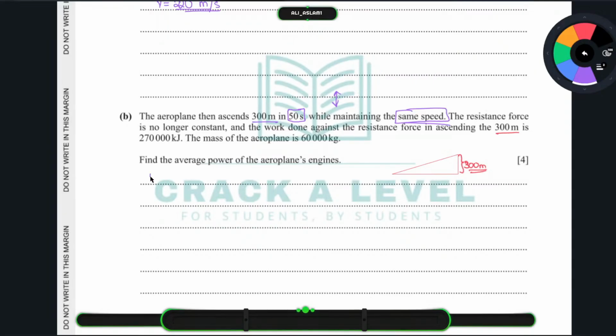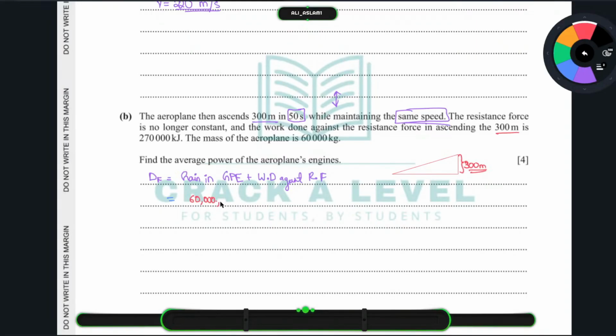If we take it like driving force equals gain in gravitational potential energy plus work done against resistive forces, that is 60,000. So gain in gravitational potential energy would be mgh, right?